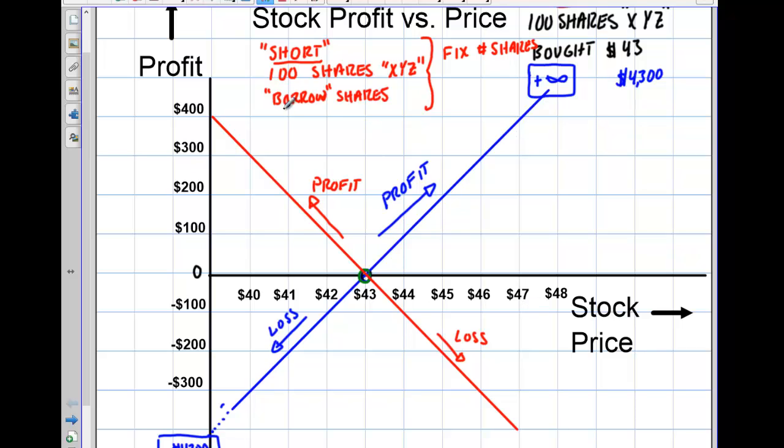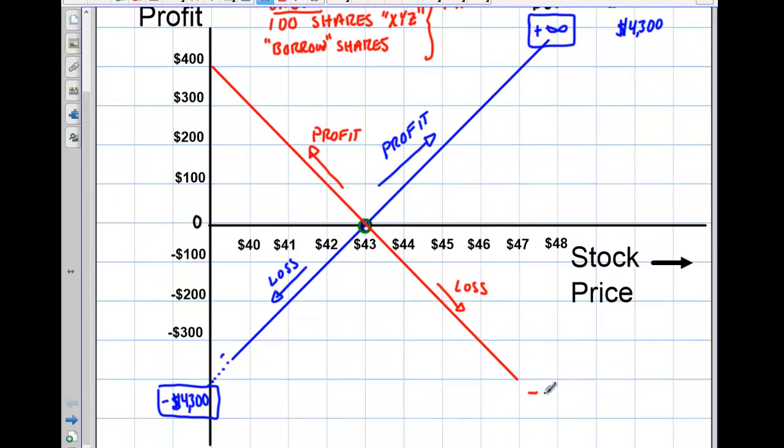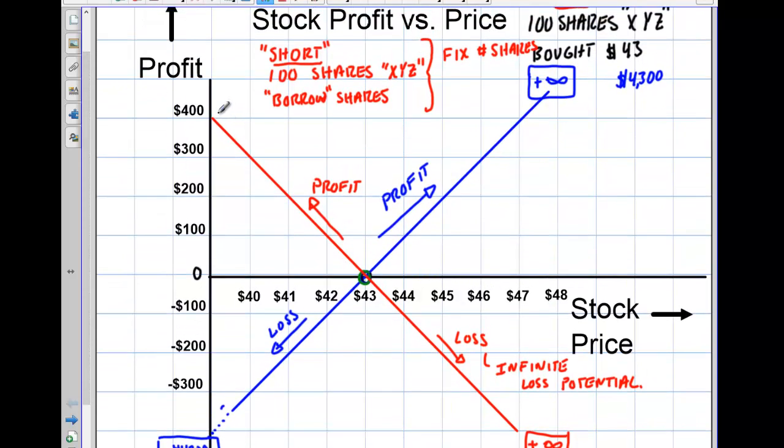But the problem now is that the loss here is unlimited. That's the difference here. Why is the loss unlimited if you're dealing with a short stock? Because the stock price can go on forever. So you have an infinite loss potential, and you have a limited gain here of $4,300.